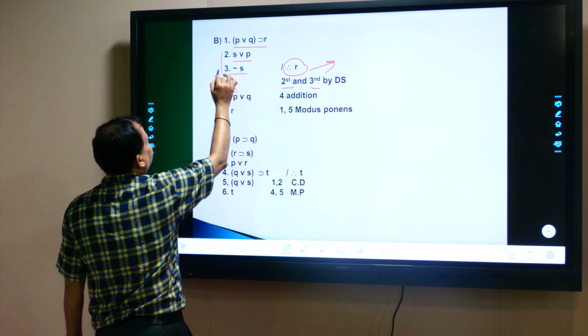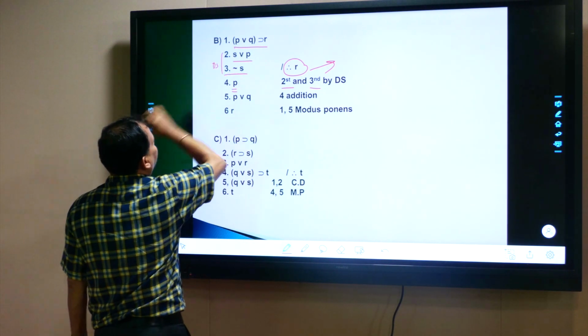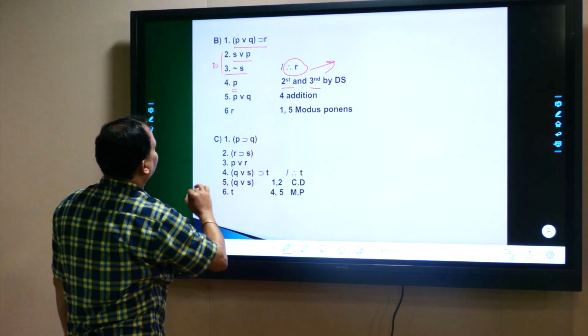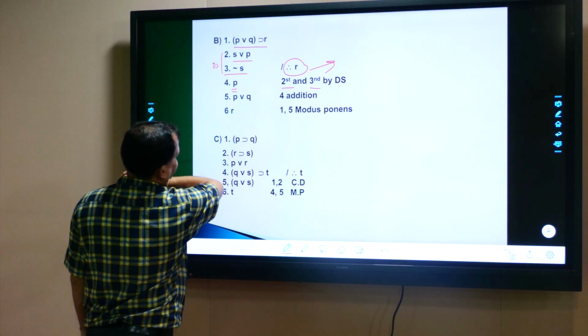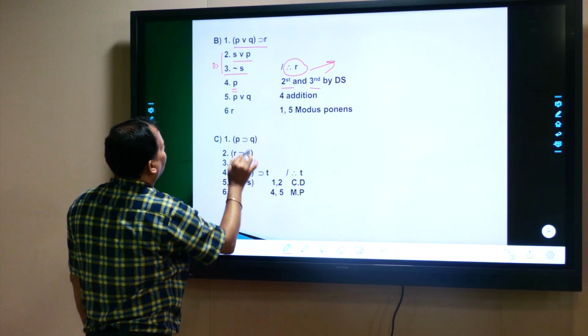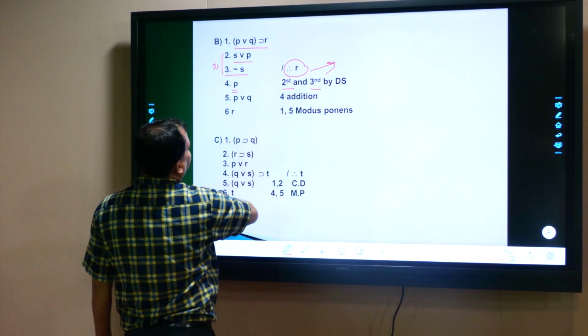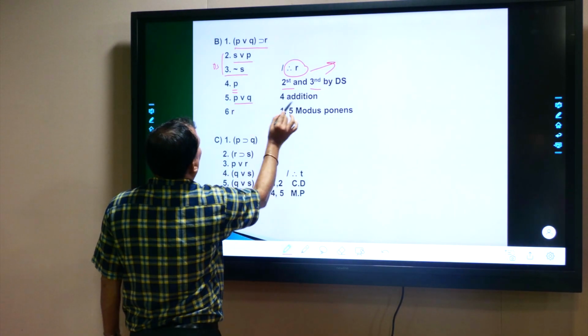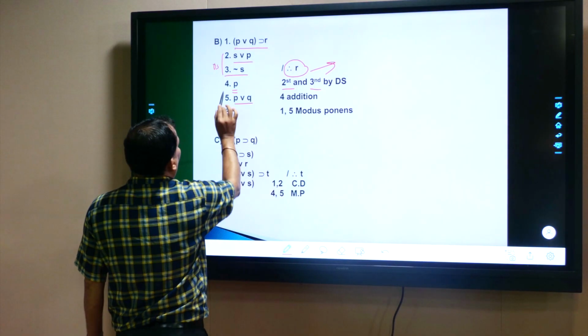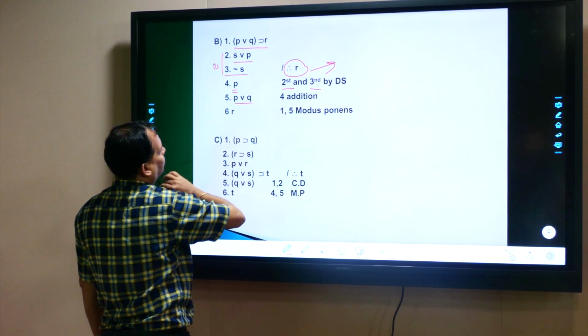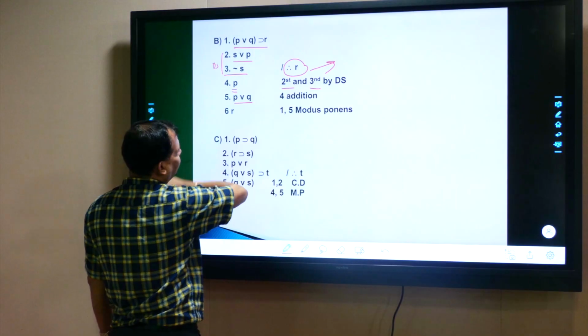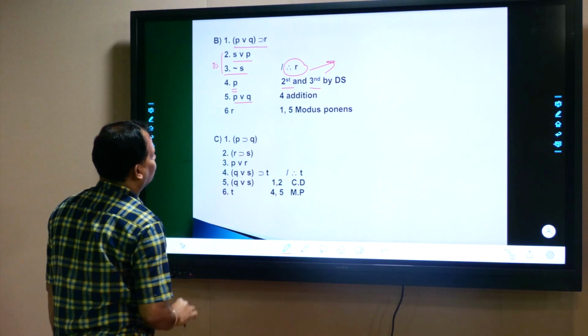Then we find P. Next you see how can we find P val Q. Here also you see four addition. This is for P val Q. So here we apply the addition rule.